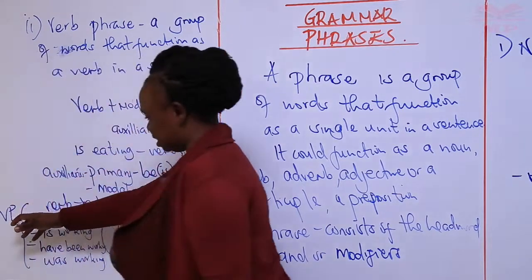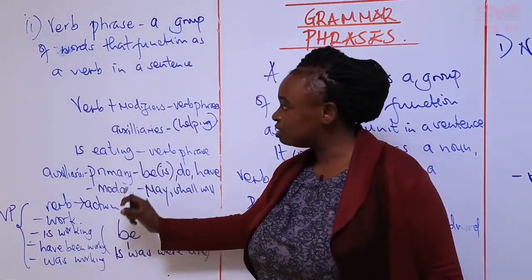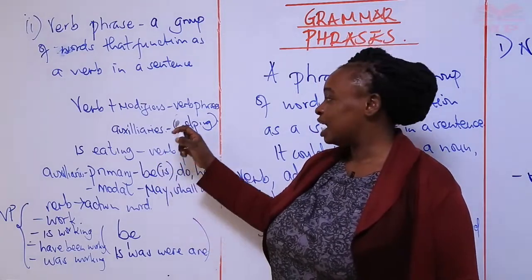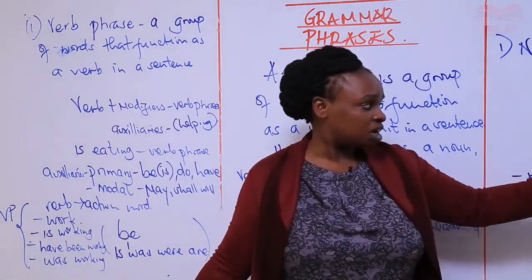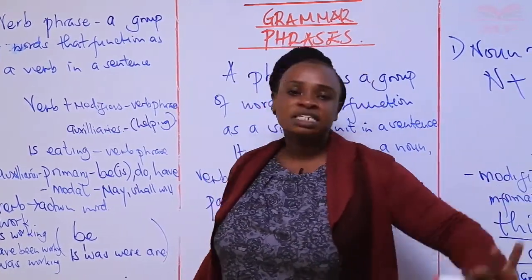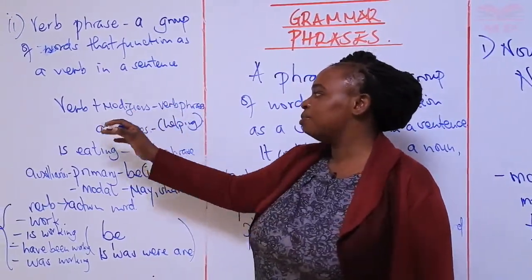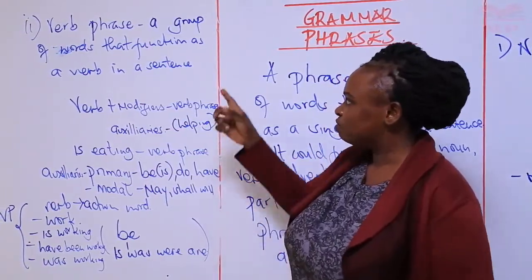When I write VP, just know it's a verb phrase. So it will contain the verb and the what? The modifiers. The modifiers of a verb phrase are the auxiliaries only. Not like in a noun where we have pronouns, quantifiers, that describe the noun. Here we only have the modifiers. The only word that works with a verb is an auxiliary in this case. All right? So that is all for a verb phrase.